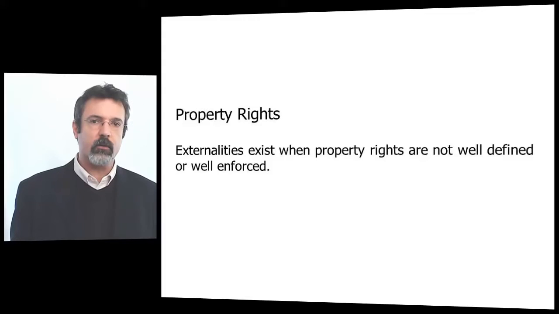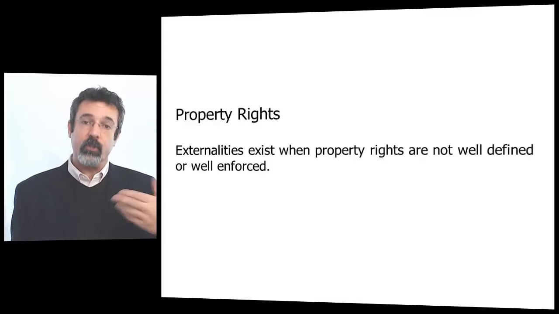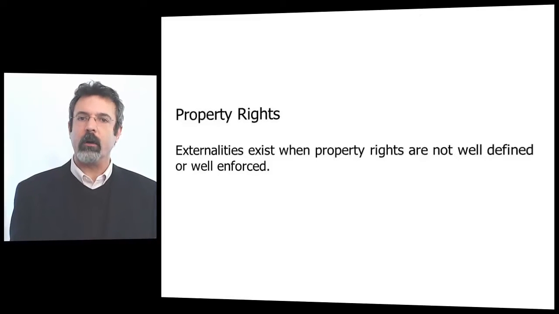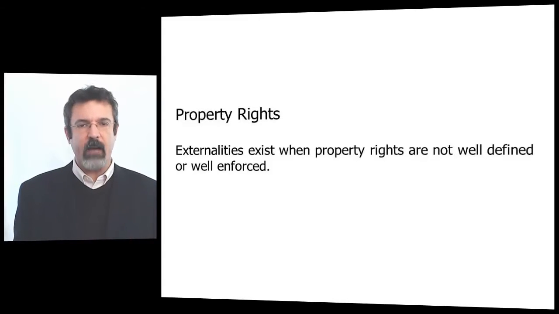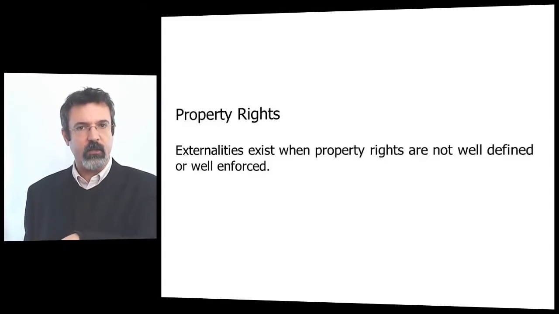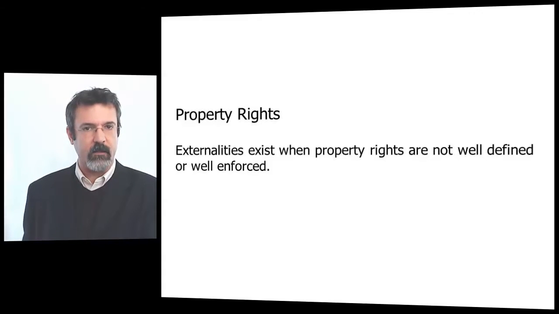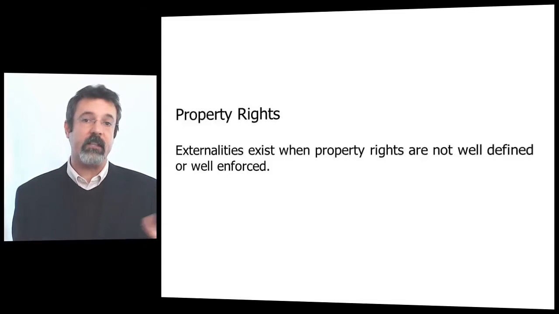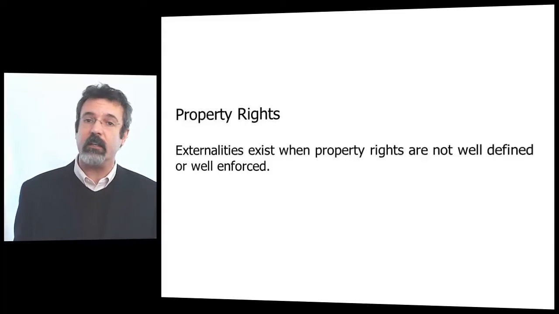Because it's unclear who owns the air, when people use the air by smoking and emitting smoke about it, other people are impacted, and those people have no say in this market for cigarettes because they are neither producers nor consumers of cigarettes. So the demand for cigarettes does not reflect the marginal benefit of everybody in society from the consumption of cigarettes. The solution here is to define the property rights.